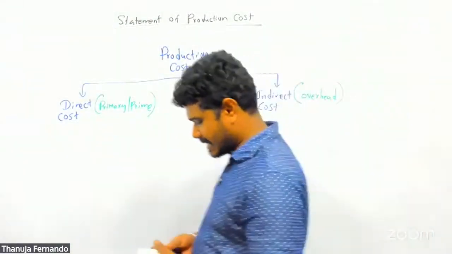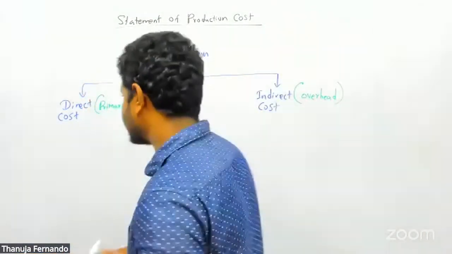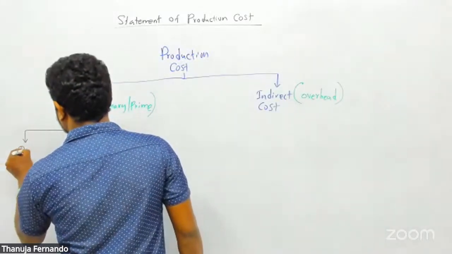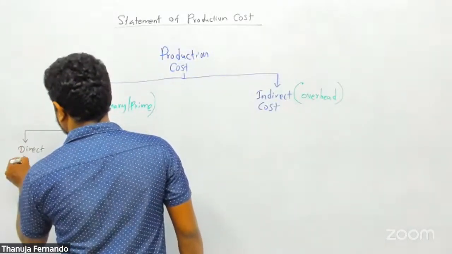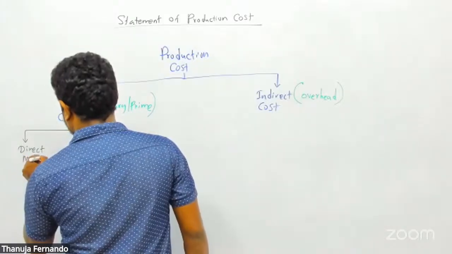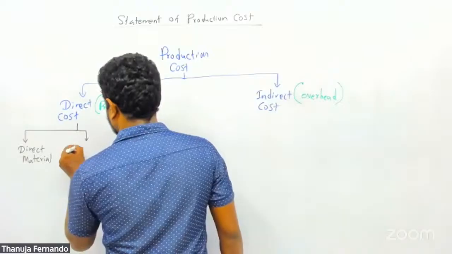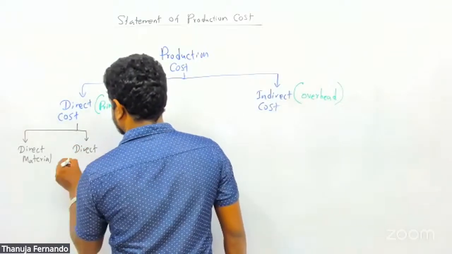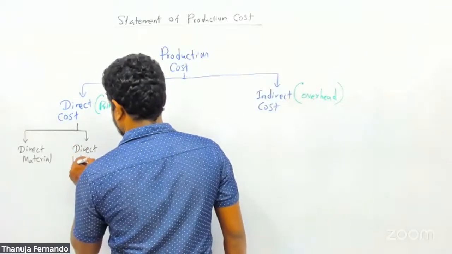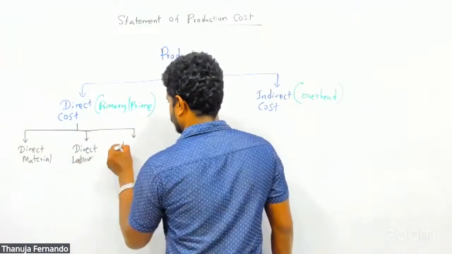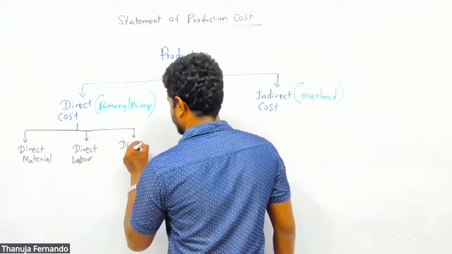Then yet again, we can divide direct cost into three: direct material, direct labor, direct other.